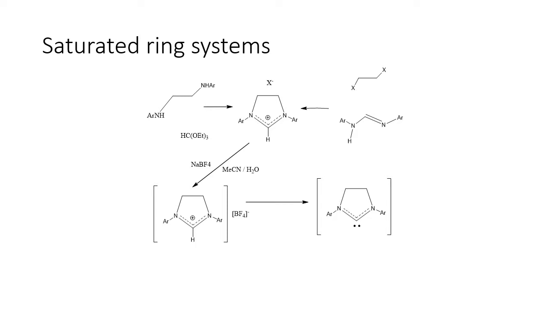In fact, in this particular case, the increased saturation of the ring system makes the ring more electron donating, and so it's a better sigma donor than the ordinary N-Heterocyclic carbene. Notice there are two different ways by which you can achieve this ring system, and both of them are very easy to make and are very readily accessible. And so the saturated version is also something that is very popular in the literature.